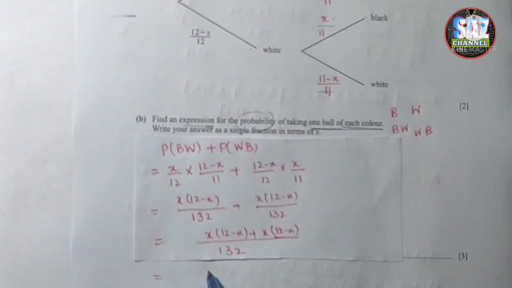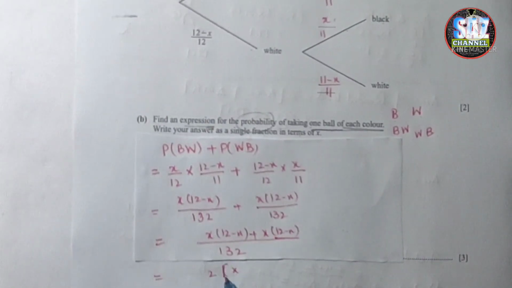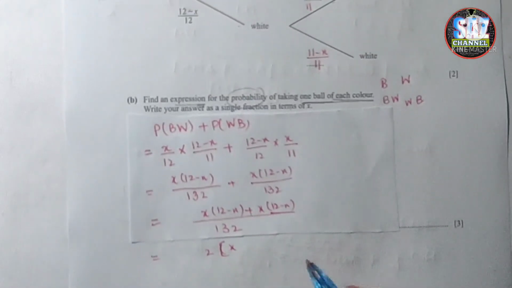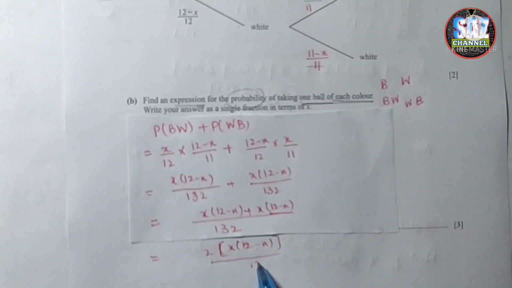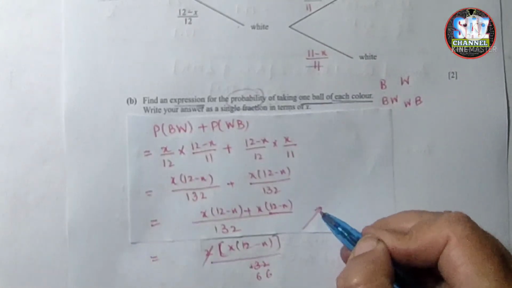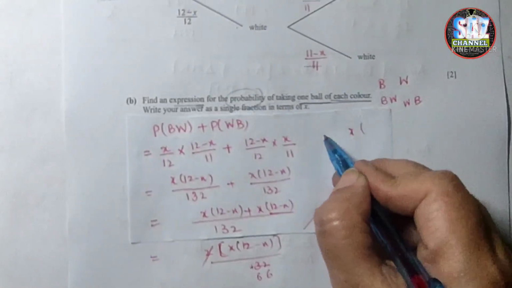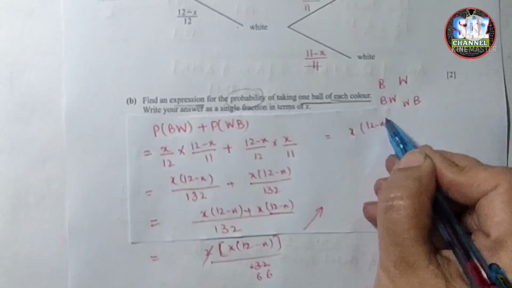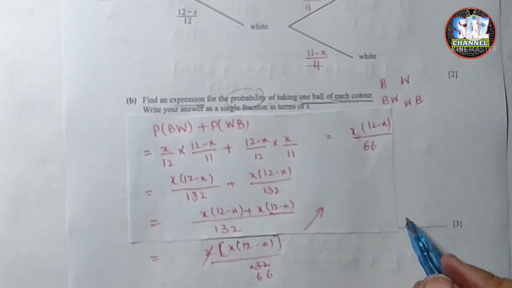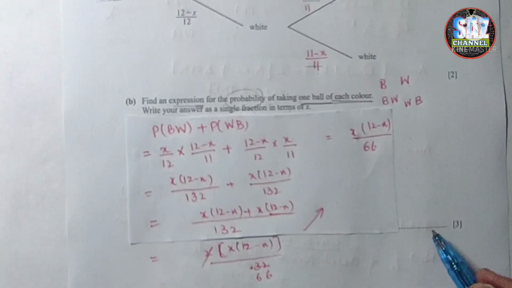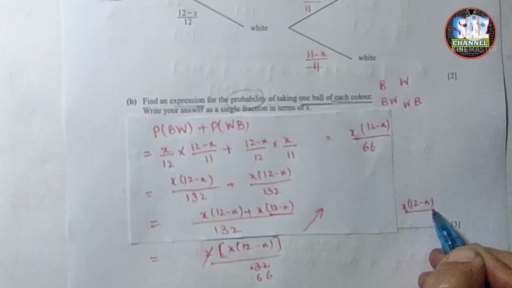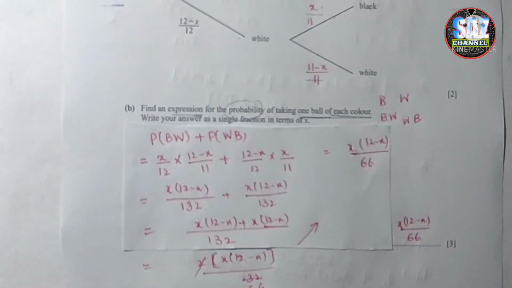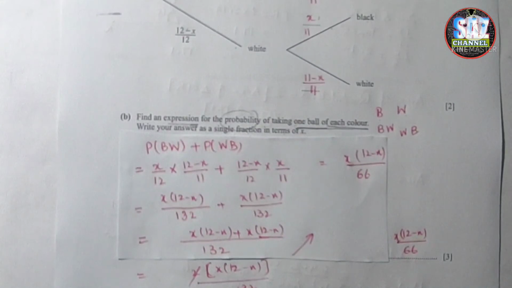Okay, and this will become 2 times x into 12 minus x over 132. 2 ones are 2, 6 twos are 12, so x into 12 minus x over 66 is the expression for the probability of one ball of each color. I hope you are clear about this part, and let's move to the next part of the same question.